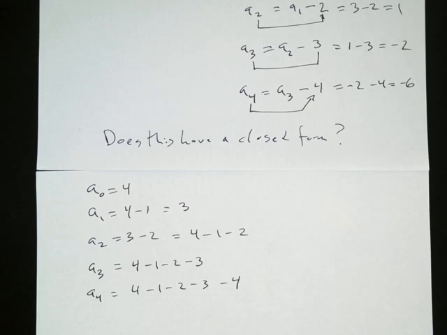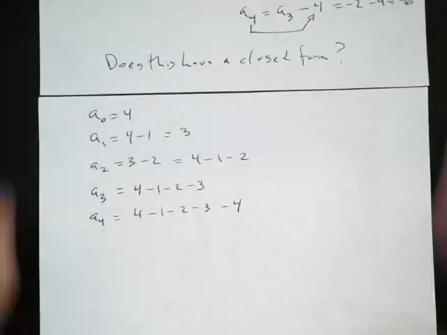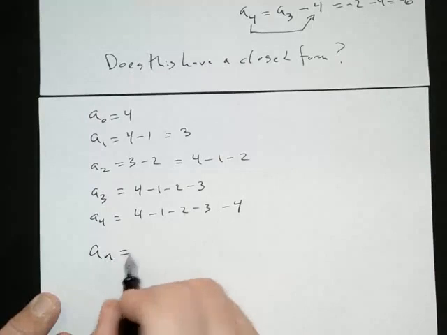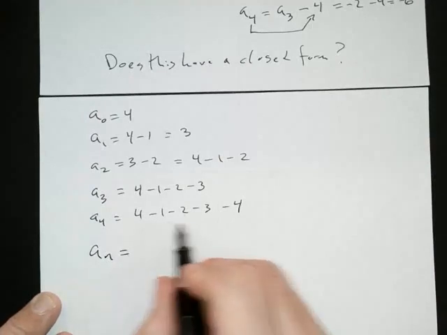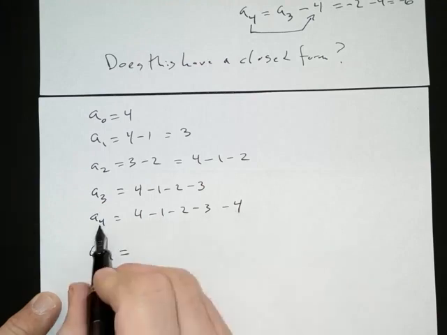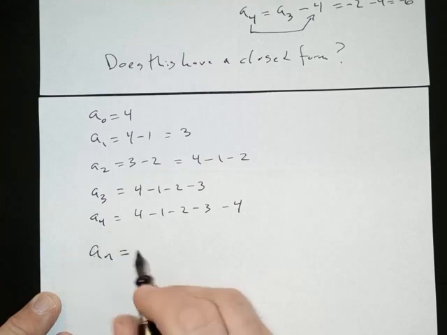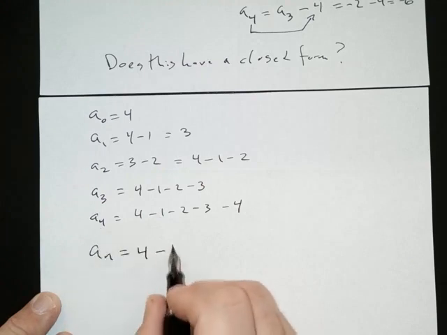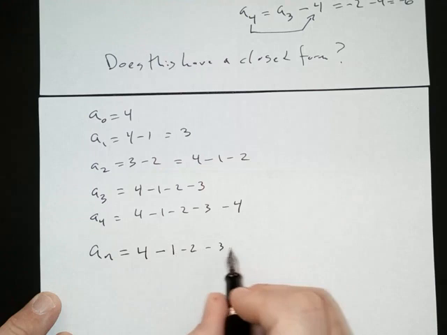Hey, wait a second. What's An? It's all of these numbers, that goes from 1 up to here, right? So start with a 4 and subtract 1, subtract 2, subtract 3.